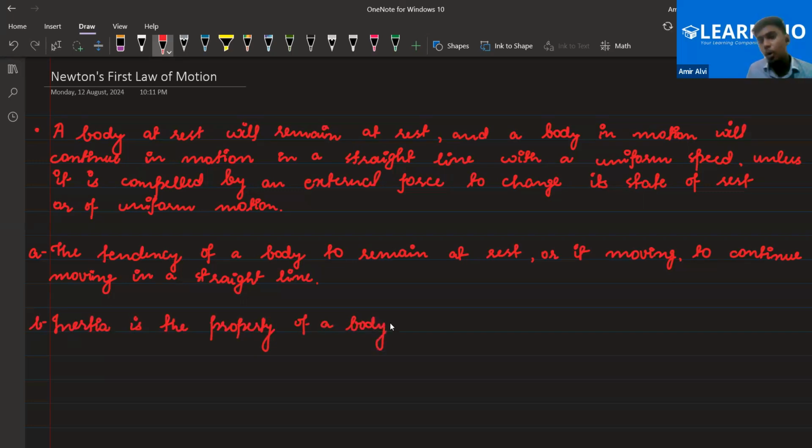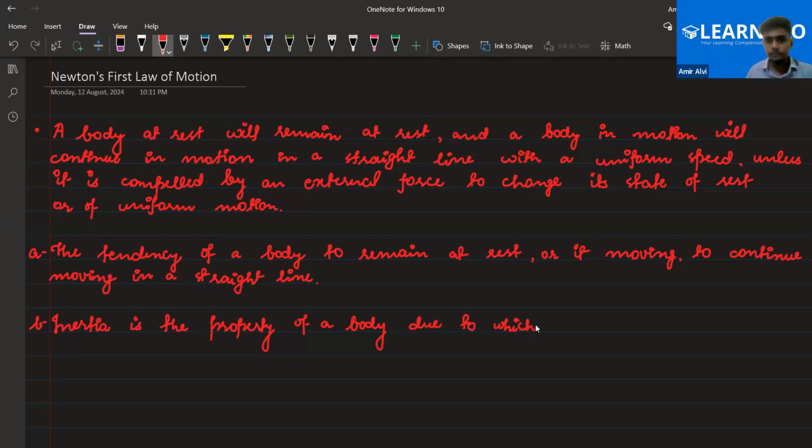It is a property possessed by each and every object in this world. It doesn't matter whether it's living or non-living, inertia is associated with both.